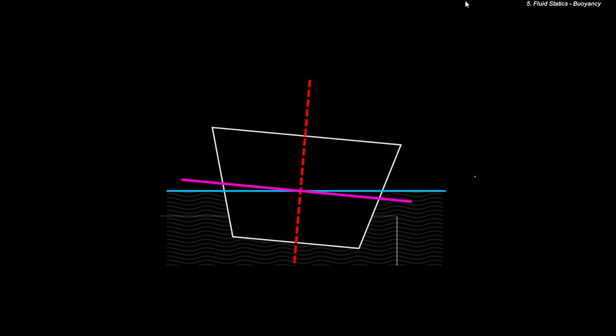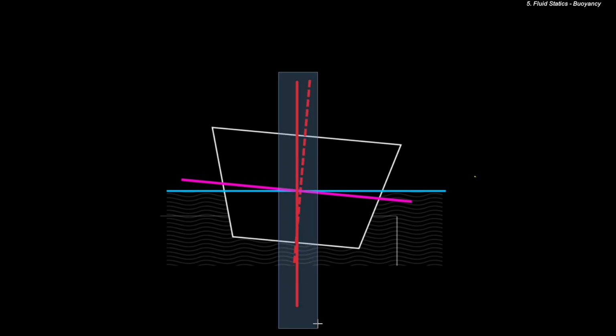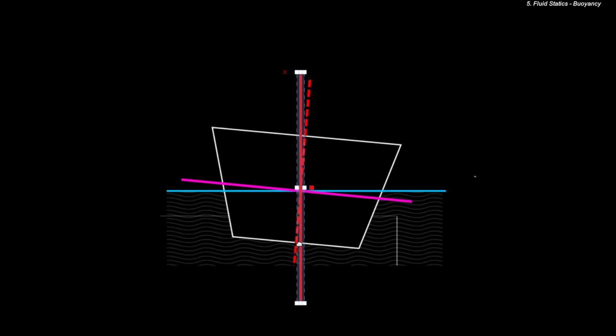Let me draw the tilted object. So when the disturbance causes a tilt, in this case the tilt is clockwise, and usually we analyze everything as a small disturbance. Because the small disturbance gives us the behavior of the system when there is a slight perturbation from the equilibrium position.